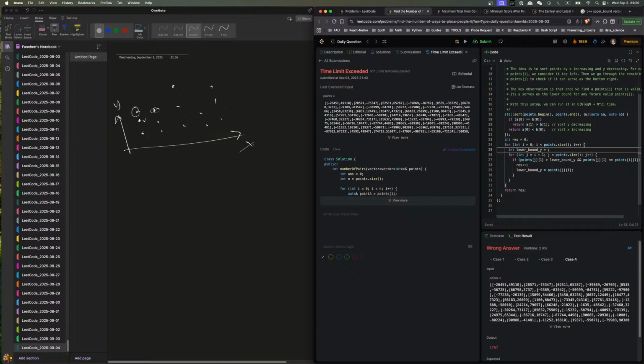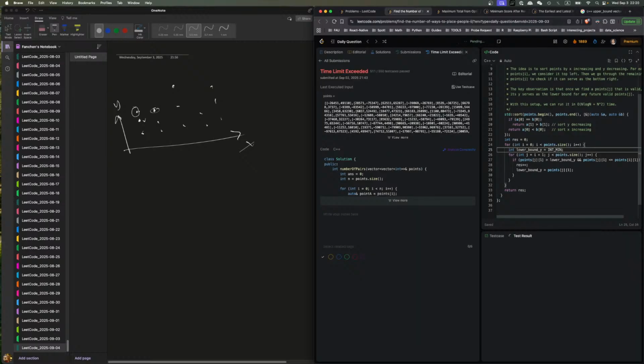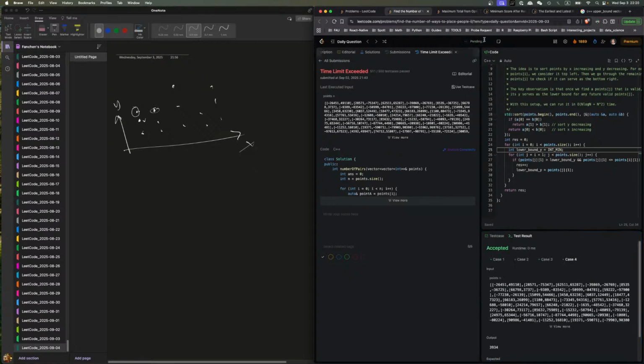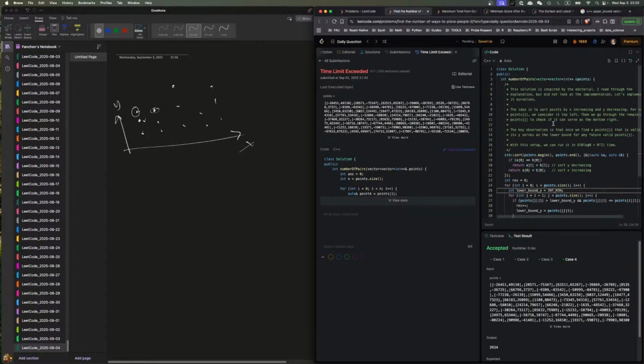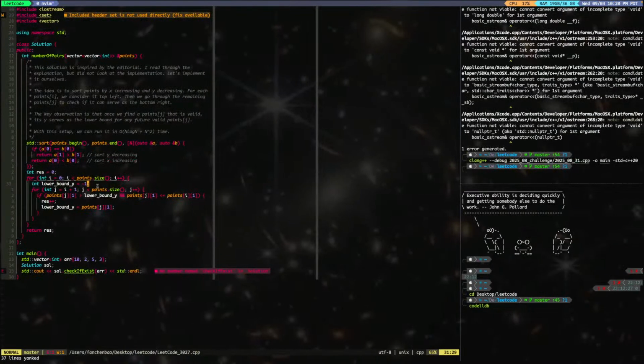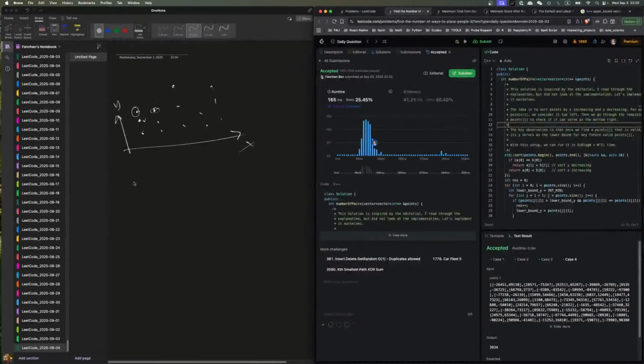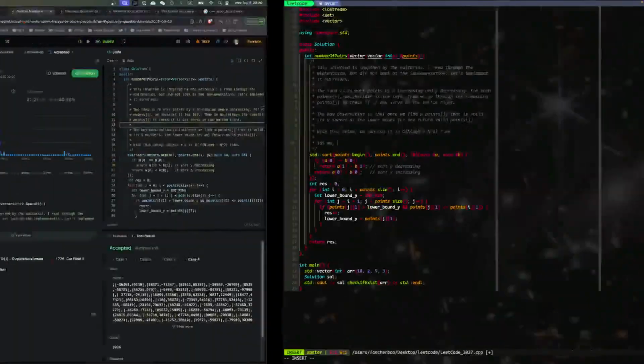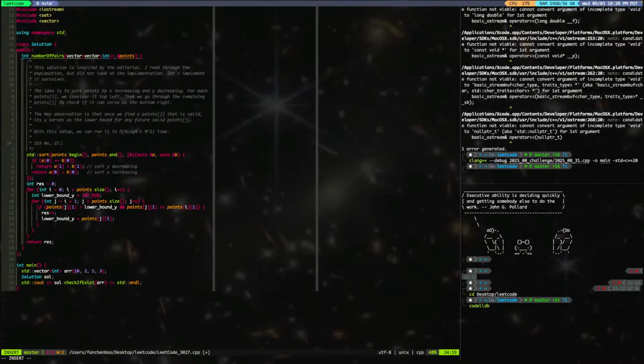The lower bound has to be int min. Yep, that's the one.